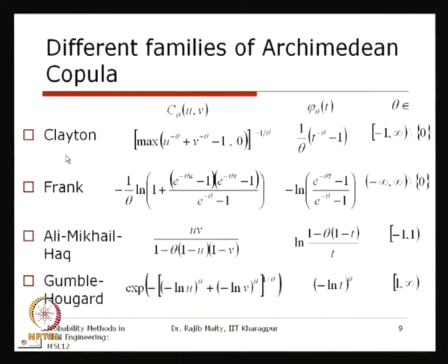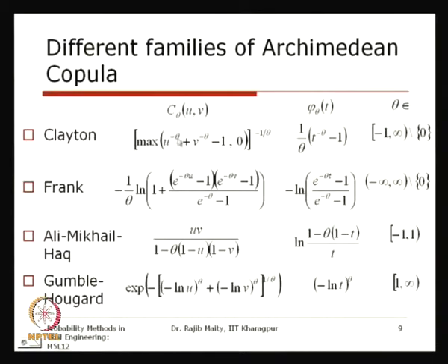The first one is the Clayton copula, for which the form of this copula is the maximum of u power minus theta plus v power minus theta minus 1, comma 0, all to the power minus 1 by theta. We discussed this a few minutes back, and this copula is the Clayton copula.